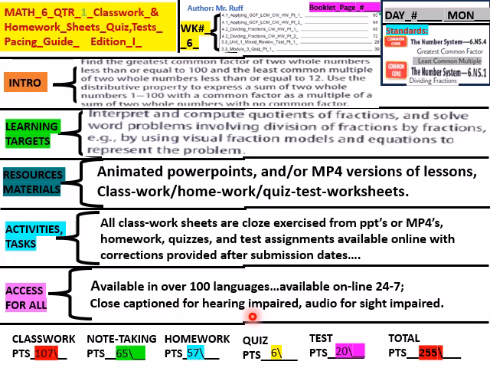Closed caption for hearing impaired, audio for sight impaired. And then classwork, you've got 107 points of classwork, 65 points of note taking, 57 points for homework, 6 points of quizzing, and then 20 points for testing. That is a total of 255 points for Week 6.